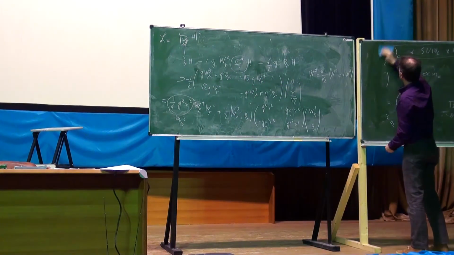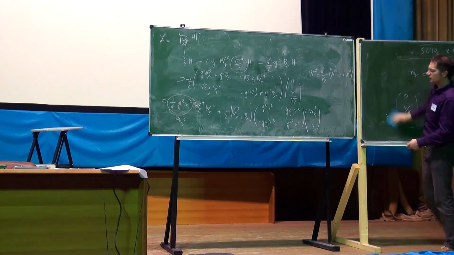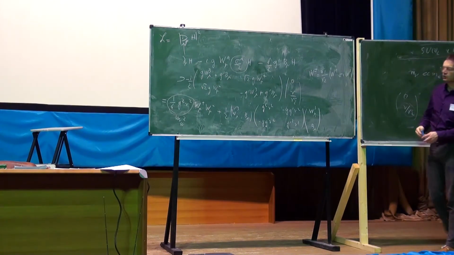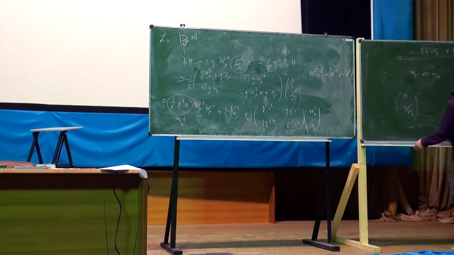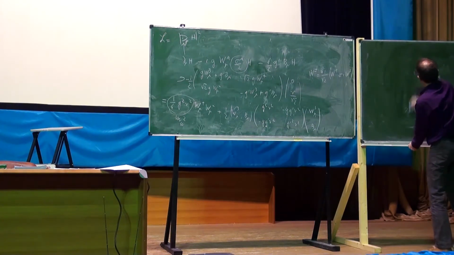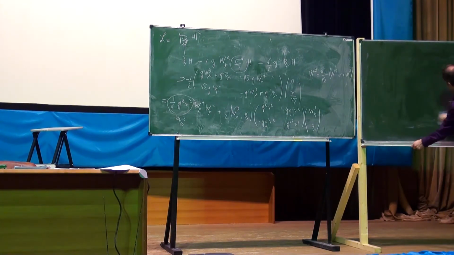So the first thing that you can notice is that it has a determinant which is vanishing. And this is not a surprise because you know that there is a symmetry which is unbroken, which is the U(1) of electromagnetism. And this unbroken symmetry should correspond to a massless gauge field, and this massless gauge field is nothing else than the photon.